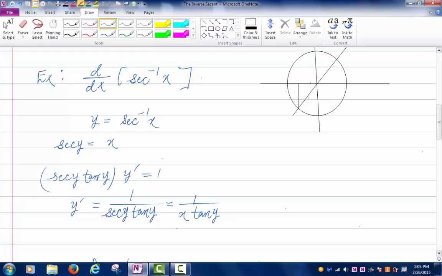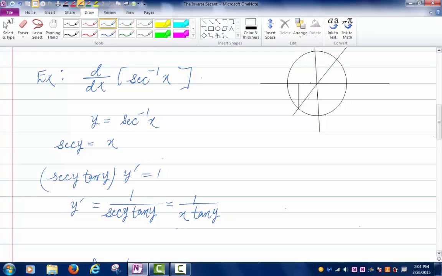You agree? Now, if you know that x is positive, what's the position of the angle y? Think about the graph of secant. Well, you don't have to know the graph of secant. I mean, in the first quadrant, which trig functions are positive? All of them.